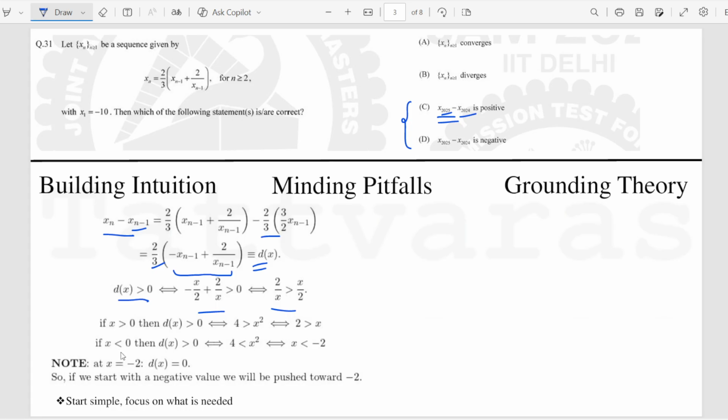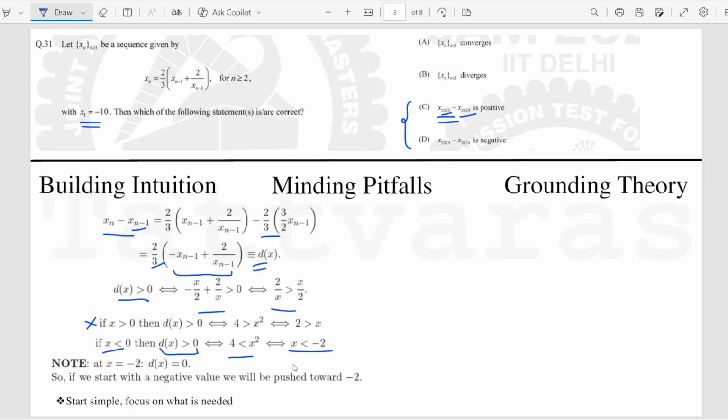And the second thing is, our starting point in the sequence is a negative entry. So this may be something we shouldn't be concerned about. So if the input is negative, then the only way the successive difference would be positive is if this condition holds.